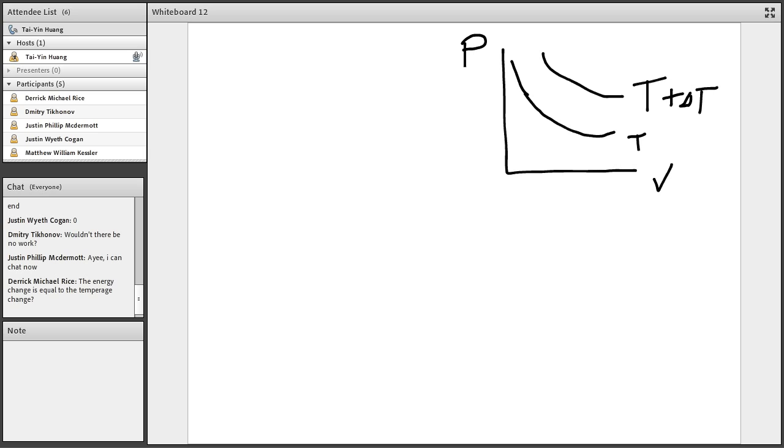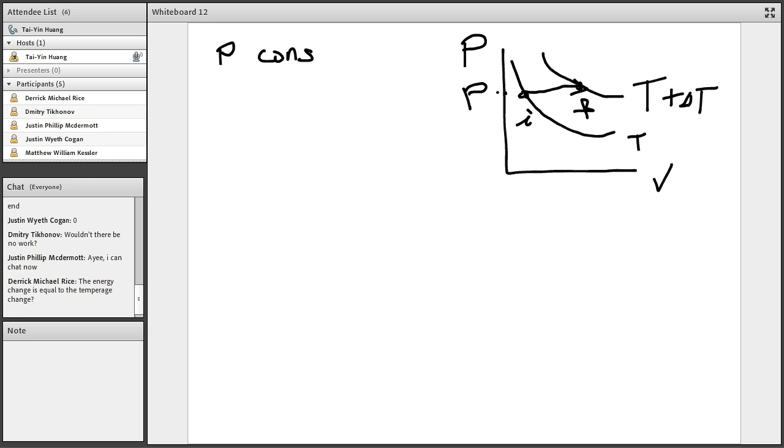Let's say this is my starting point I, and this is my final point F. We're going to let the gas go through this, keeping the pressure constant. So again, we are still working with monatomic gases. So P is constant.